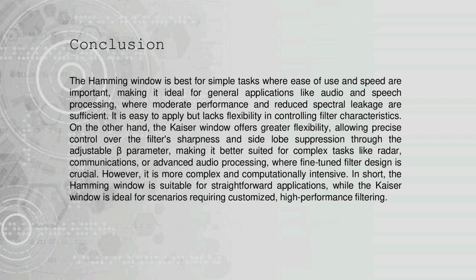On the other hand, the Kaiser window offers greater flexibility, allowing precise control over filter sharpness and side lobe suppression through the adjustable beta parameter, making it better suited for complex tasks. However, it is more complex. In short, the Hamming window is suitable for straightforward applications, while the Kaiser window is ideal for areas requiring customization and high performance filtering.